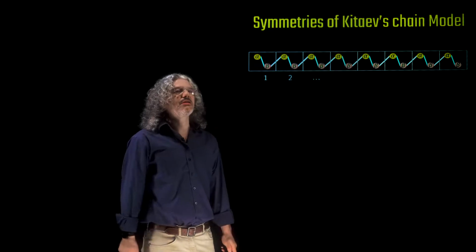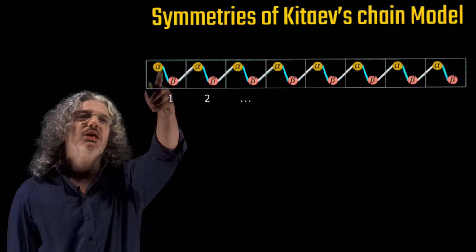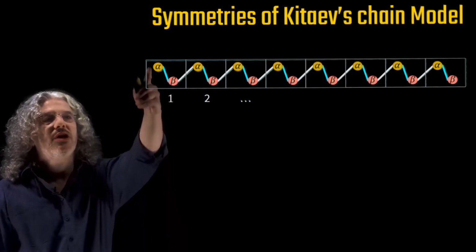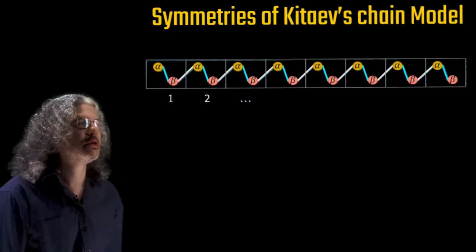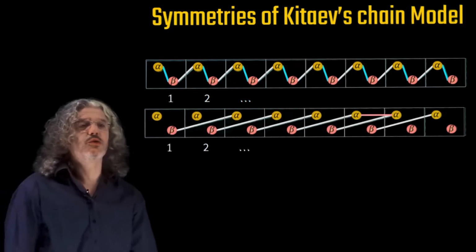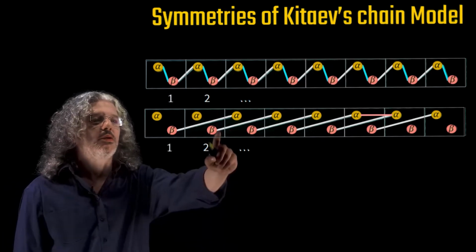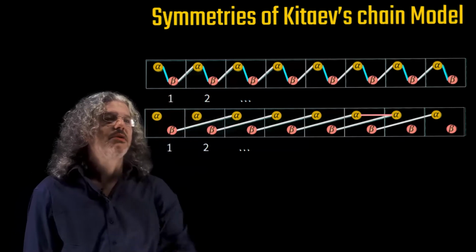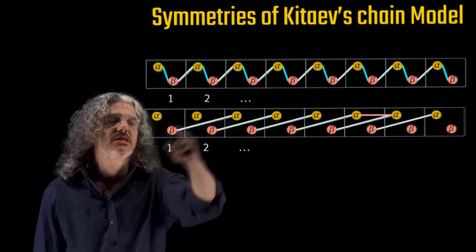So let's discuss the symmetries of the Kitaev chain model. We can write each fermion in terms of these alpha and beta Majoranas, and we have coupling in this way, alpha and beta. Now, similar to the SSH model, we can have one mode at the end of the chain if the blue coupling were 0 and we have only the white coupling, or we can have coupling on the next nearest neighbors.